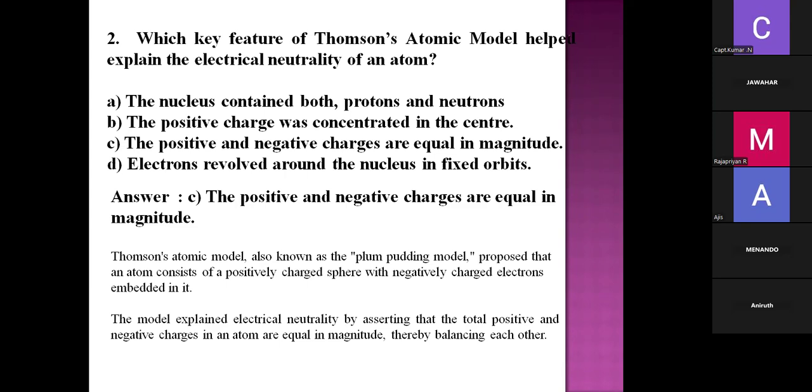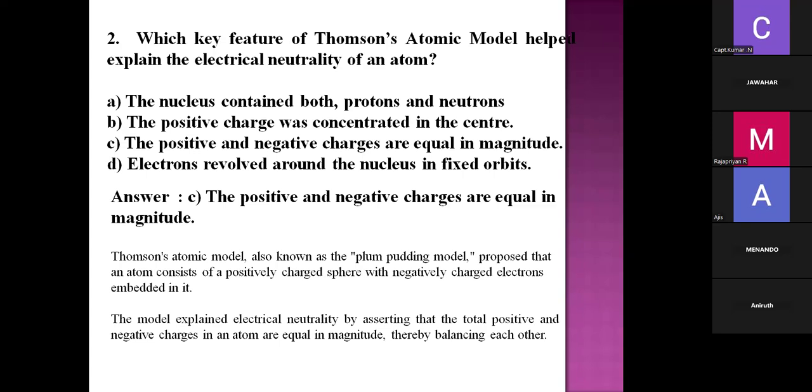The correct answer is option C, the positive and negative charges are equal in magnitude. Now the other options. First, the nucleus contains both protons and neutrons. This statement is incorrect, because the model did not include the concept of a nucleus. The idea of the nucleus was introduced later by Rutherford.